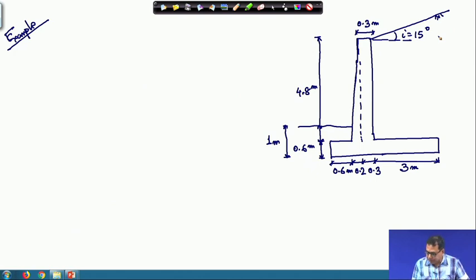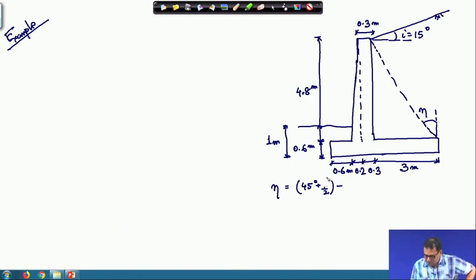So, the value of eta, the eta expression was 45 degree plus phi by 2 minus, for 45 degree plus i by 2, i by 2 minus phi by 2 minus sin inverse of sin i divided by sin phi.